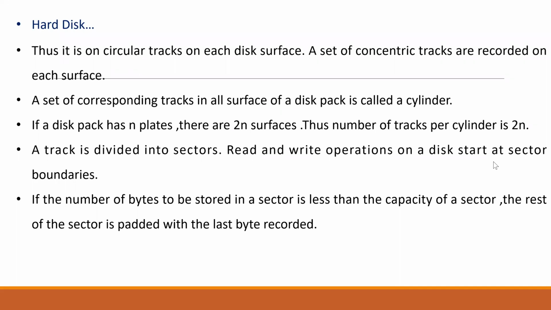If the number of bytes to be stored in a sector is less than the capacity of a sector, the rest of the sector is padded with the last byte recorded. Suppose the sector size is 512 and we stored only 500 bytes. The remaining 12 bytes are padded with the last recorded byte, means repeated.